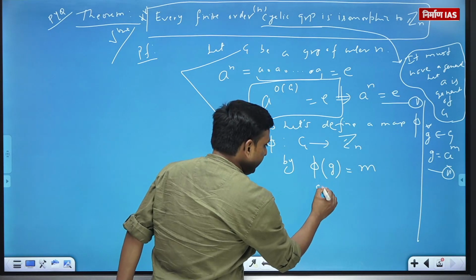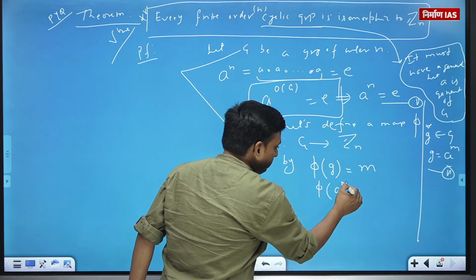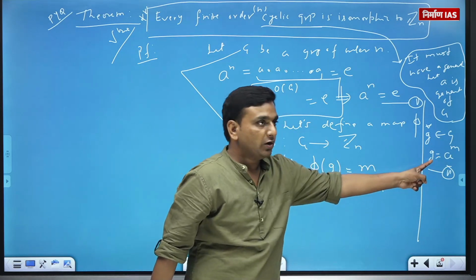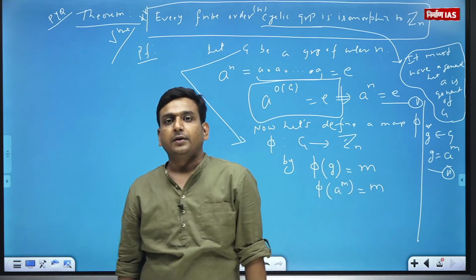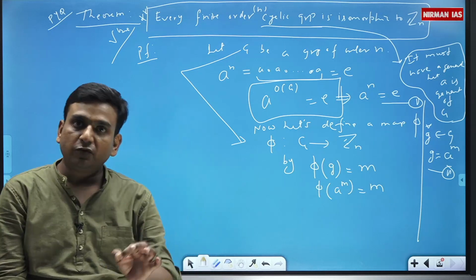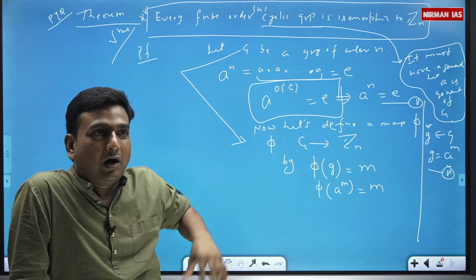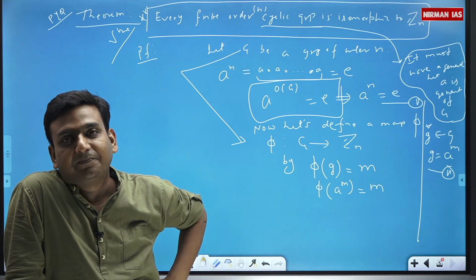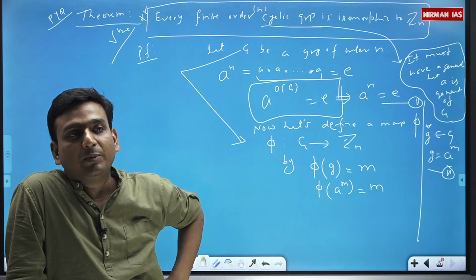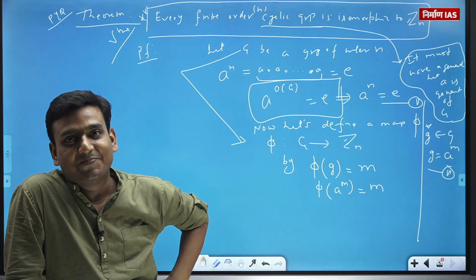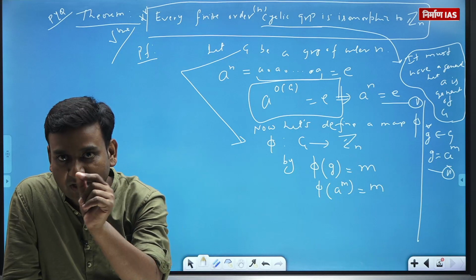Please check out how I defined the formula. Many students, even I myself, suffered in my graduation with how these mappings are defined. How easily a professor comes to know that this I have to define like this. So for this, please note it down on your paper.